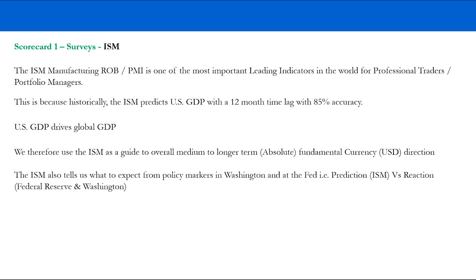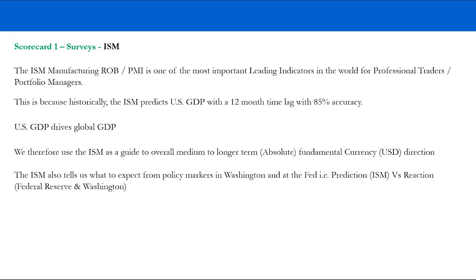Because of that accuracy, it also gives a very good indication of whether global GDP is set to grow or contract, because the United States is the world's largest economy. So we use the ISM as a guide to the overall medium to long term absolute fundamental currency direction for the US dollar.